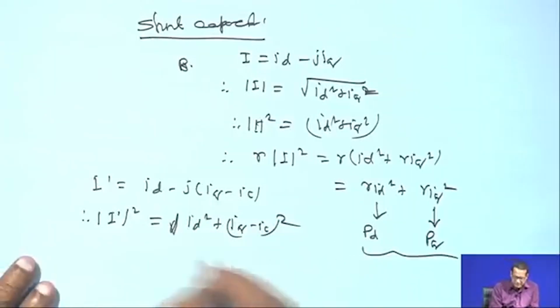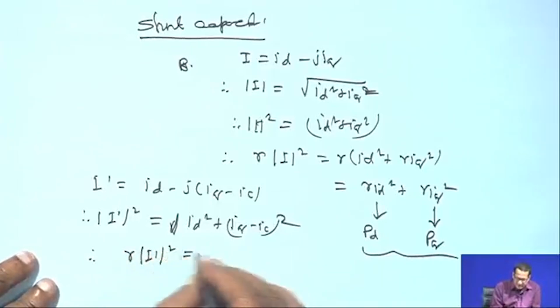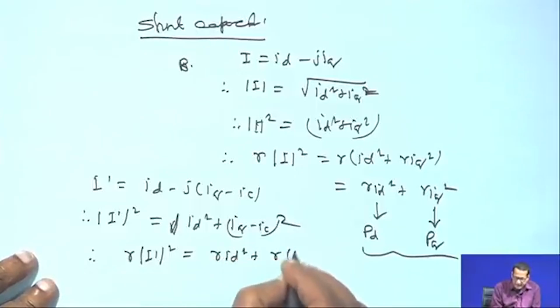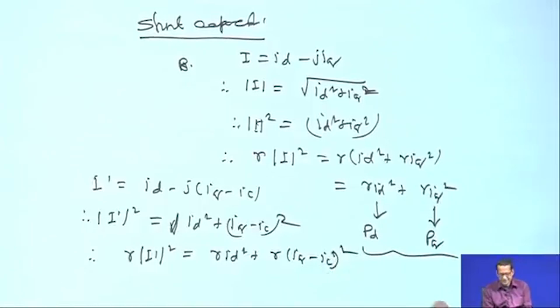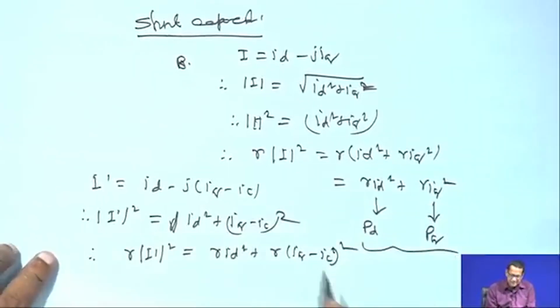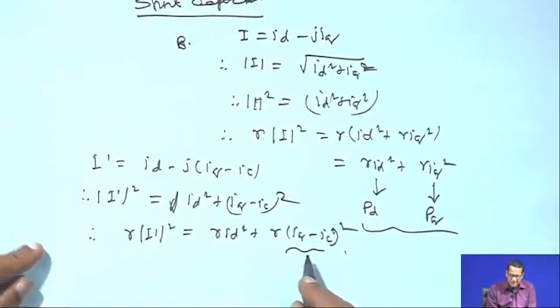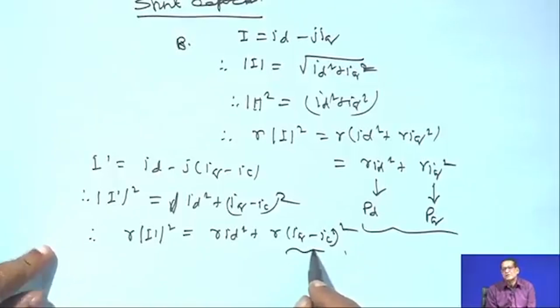So, its power loss will be R I dash square, equal to R I d square plus R into I q minus I c whole square. That means it reduces the power loss directly, because it reduces the reactive component of the current.